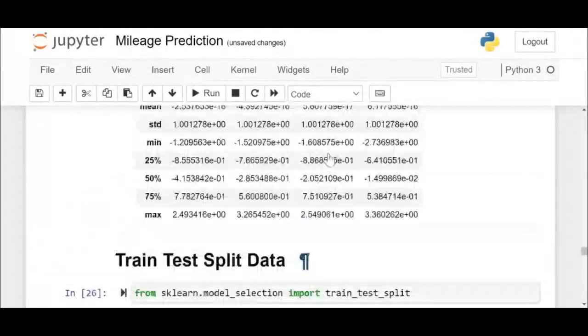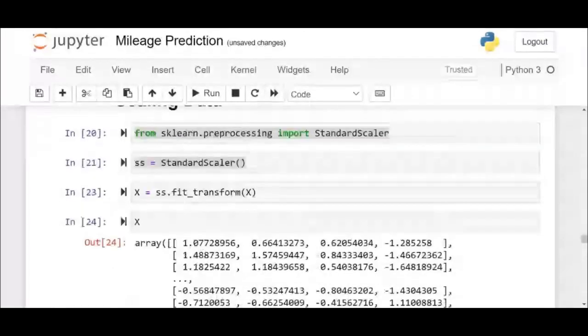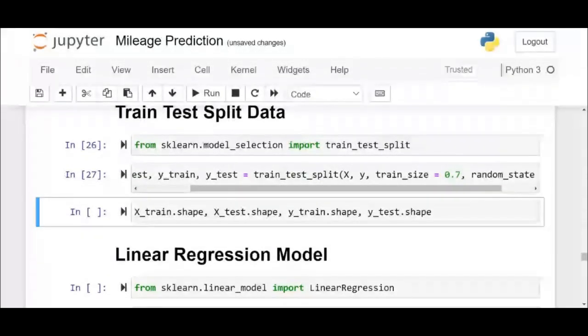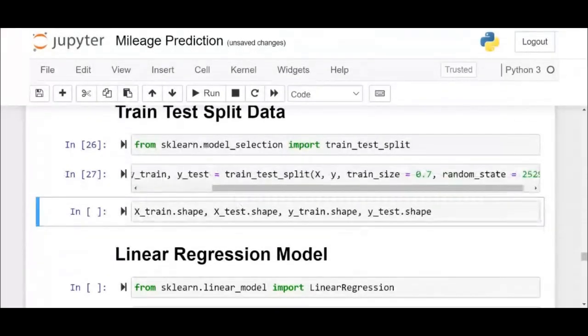Now which x is this? This x is our standardized x, right? Because we have overwritten it with the standard function. Then y, and we are splitting into 70-30. So 70% is our train size and 30% is our test size.